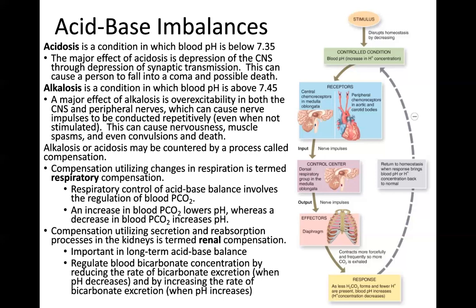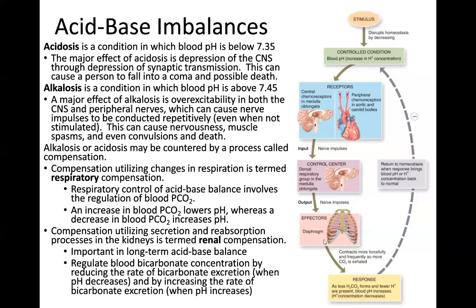In our feedback loop on the right, we see some stimulus decreasing your blood's pH, or in other words, we've increased our hydrogen ion concentration, which activates those two types of receptors, the centrals in the brain and the peripherals in your blood vessels, that send signals up to the medulla, where the medullary rhythmicity center is.